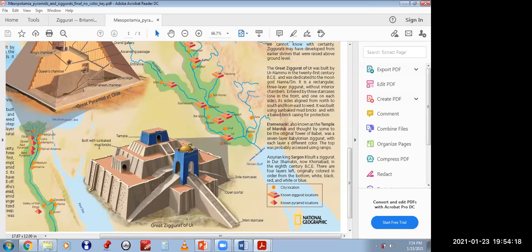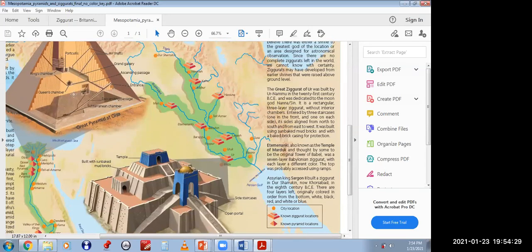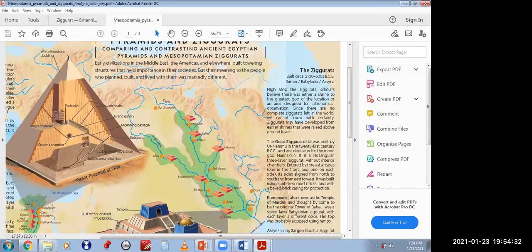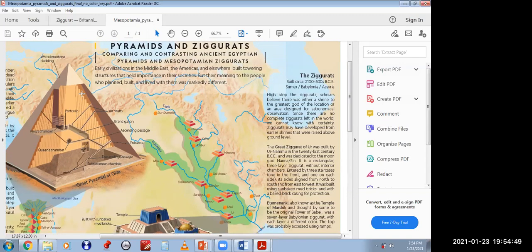The pyramid is a square-shaped structure, and it comes up to an apex. The material used was limestone. And the pyramid was a structure used as a tomb, to bury people, to bury kings. It was a tomb.